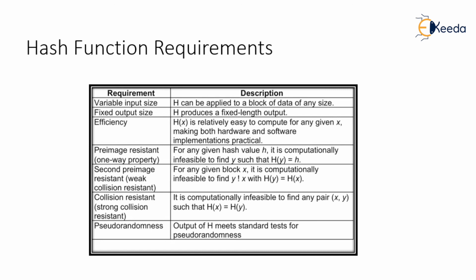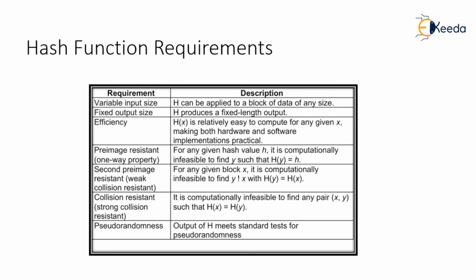These are some of the requirements of the hash functions: variable input size, fixed output size, and efficiency. Then preimage resistance, that is the one-way property which we have seen.